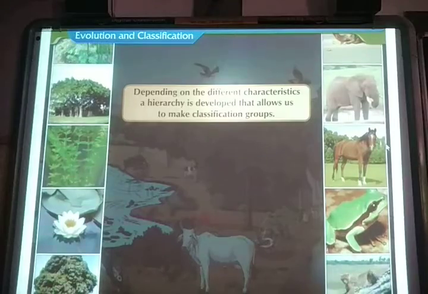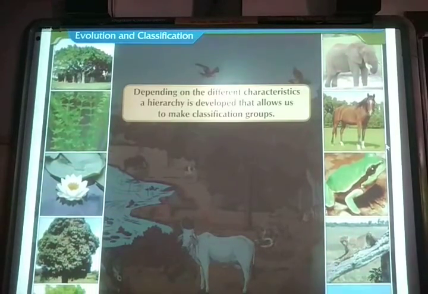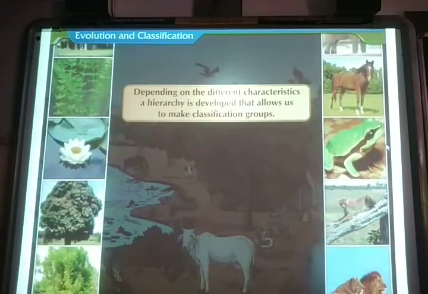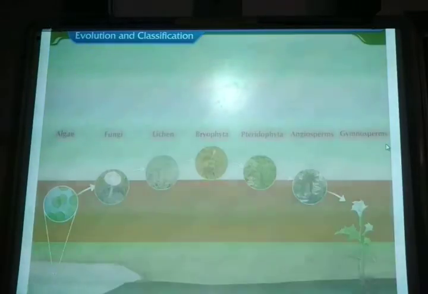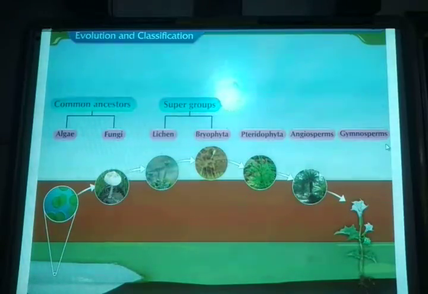Depending on these different characteristics, a hierarchy is developed that allows us to make classification groups. Thus, different groups can be developed as a small group of species with advanced ancestors, then supergroups of these groups with more distant common ancestors, and so on.